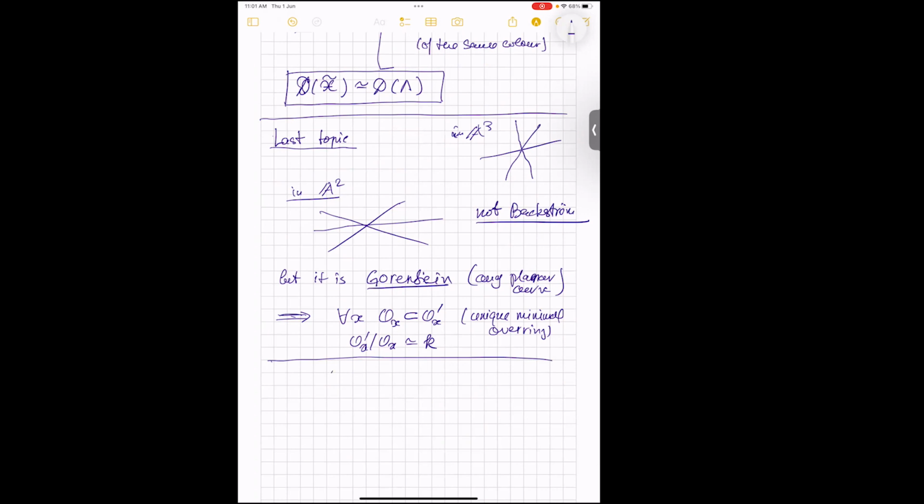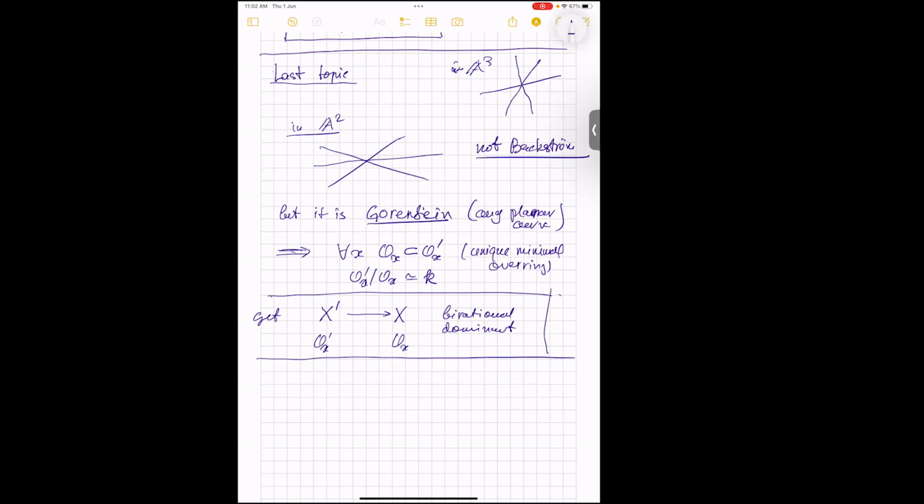Then what do we have? With X we get X dash. Here we have local X, here we have X dash, and again a birational dominant map.